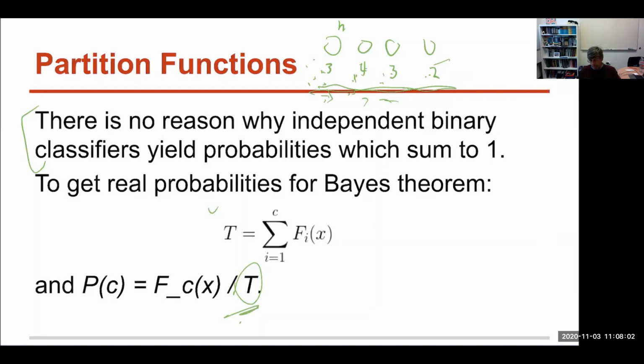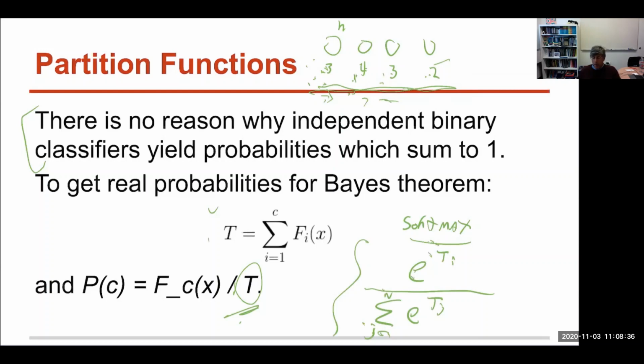The other thing, which I had put on my slide but didn't upload, is a function called softmax, which will basically take e to the t_i divided by the sum of e to the t_j, as j goes from 1 to n. So the softmax takes these values, uses them as the exponent for e, and then normalizes them in this manner.